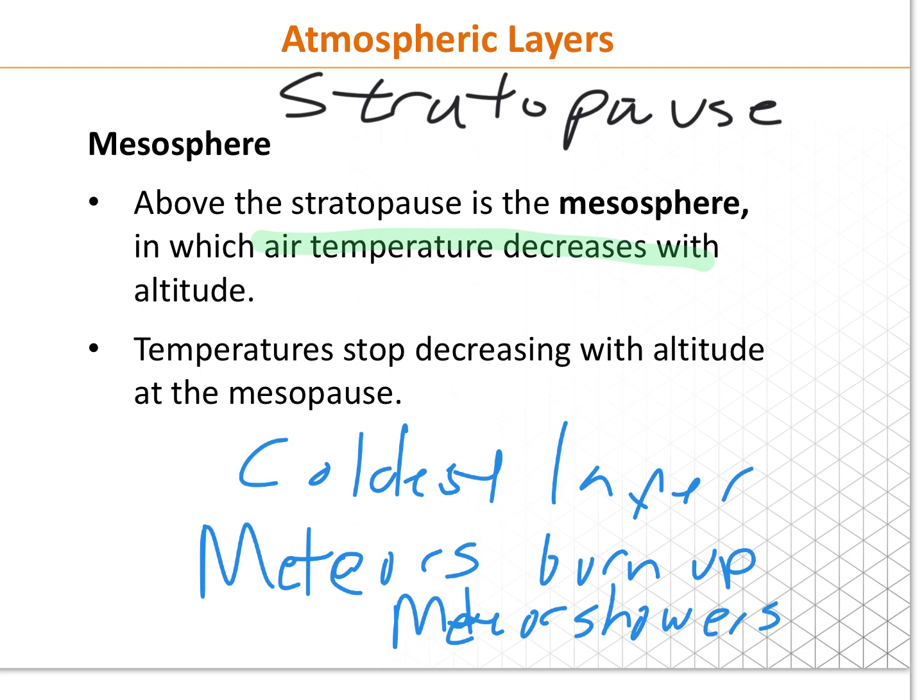And that's when you have like the little ball of burning hot rock that's coming in, and we see them as shooting stars. Cool. So meteors burn up in the mesosphere, and the mesosphere is the coldest layer. That's pretty much all the fame and excitement you get in the mesosphere.